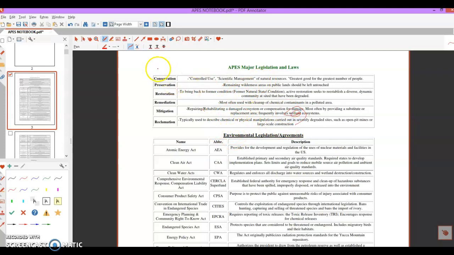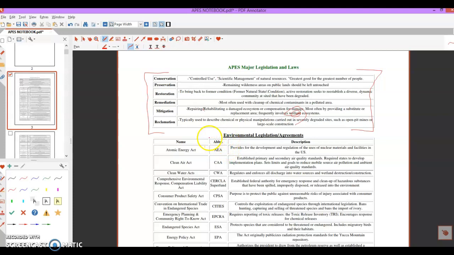Oh, there it is. We can see a very important list of vocabulary words that goes with some of these laws and legislation. These terms you're going to learn the meaning of throughout the course, but they can also be applied to the legislation and agreements below.